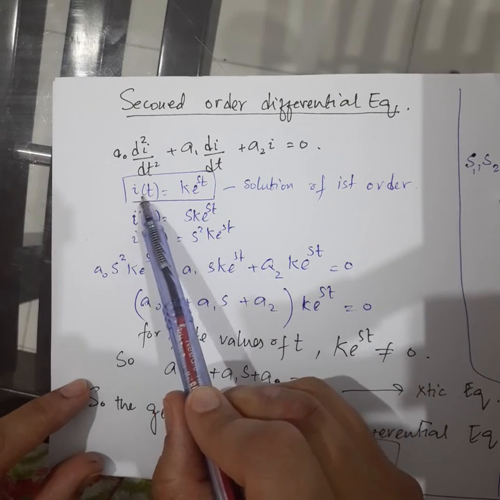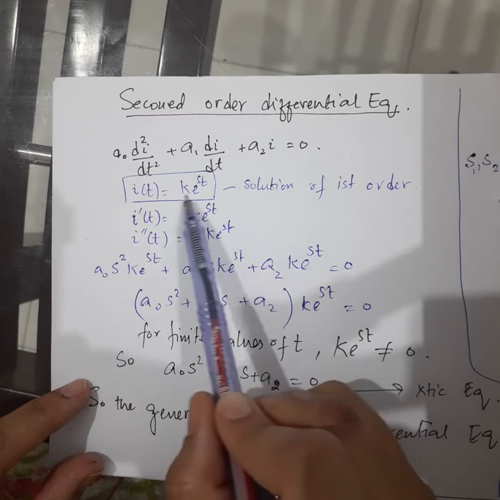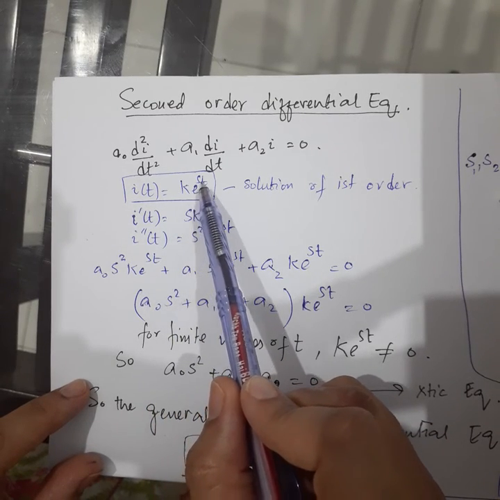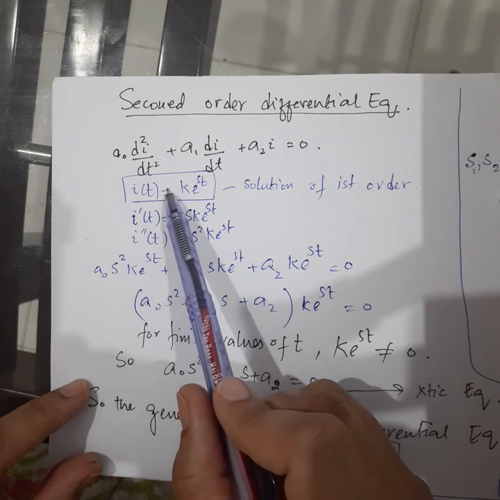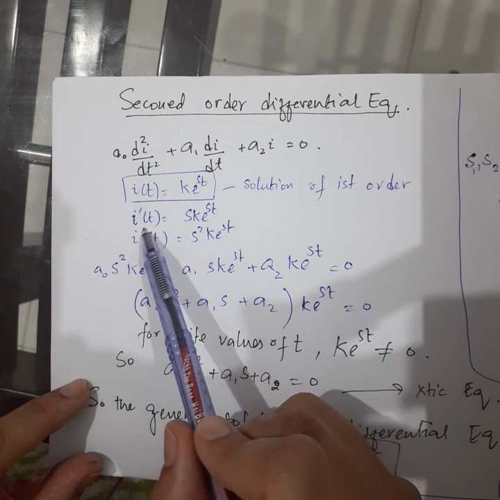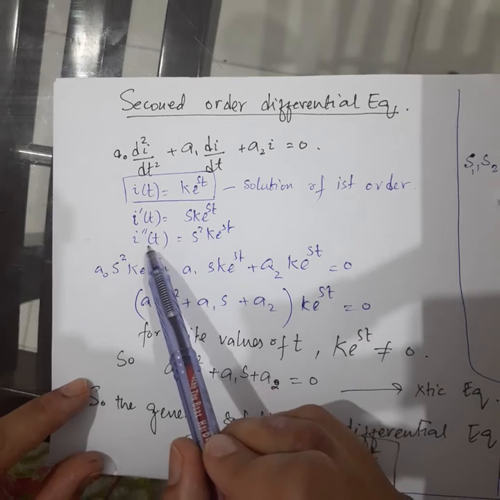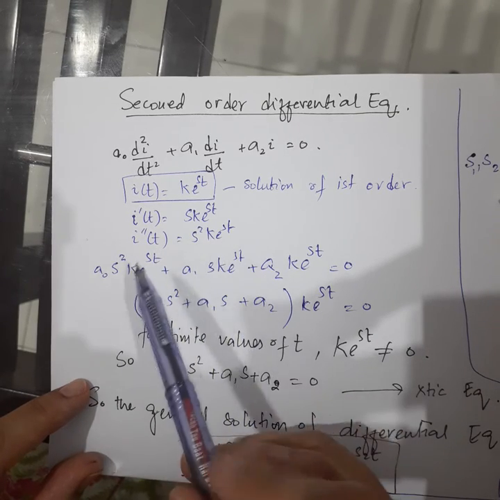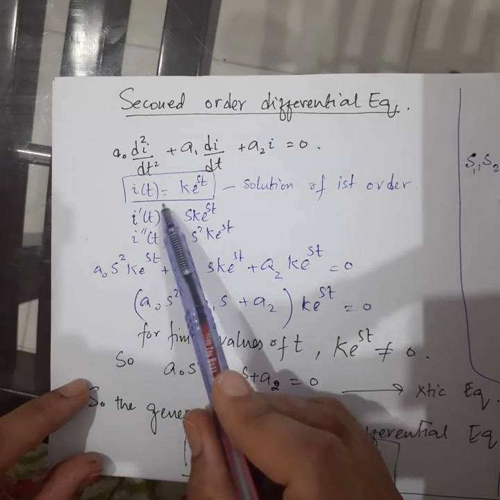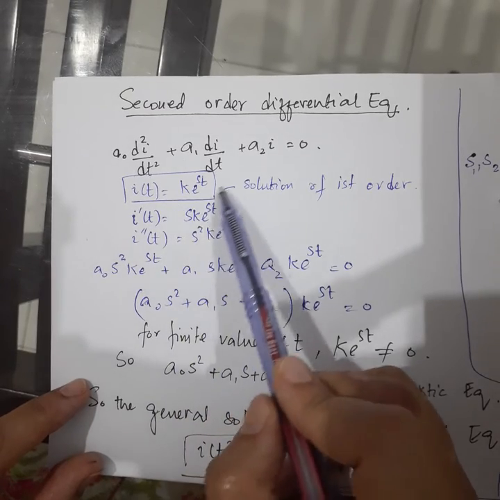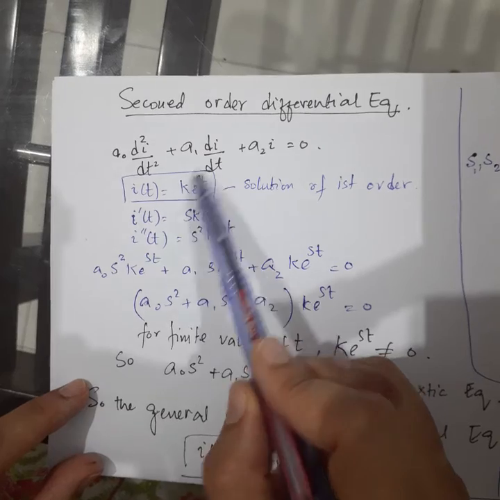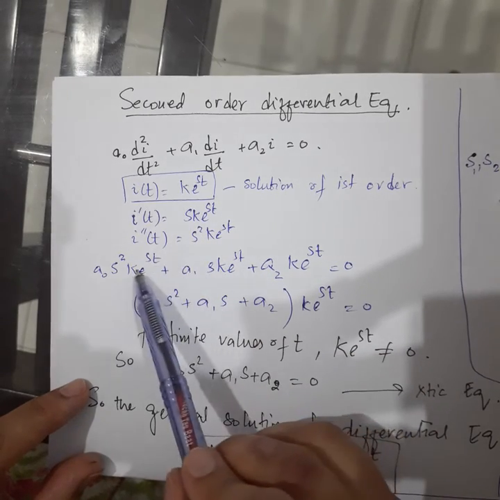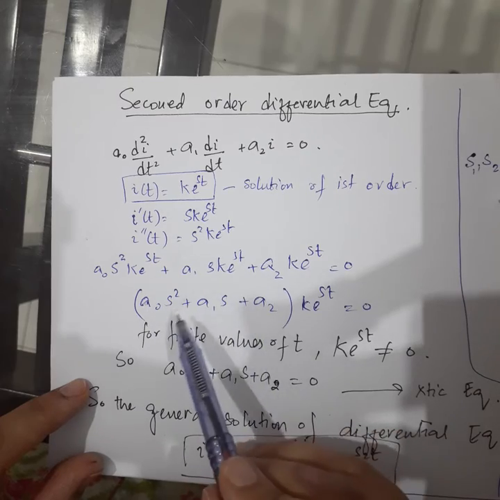We are already familiar that the solution of a first order differential equation is i of t equals K e to the power st. So we can calculate its first derivative as sKe^st and simply its second derivative as s square Ke^st. So if we put these values respectively in i of t here and i dash of t here and i double dash here, we get this equation as that.